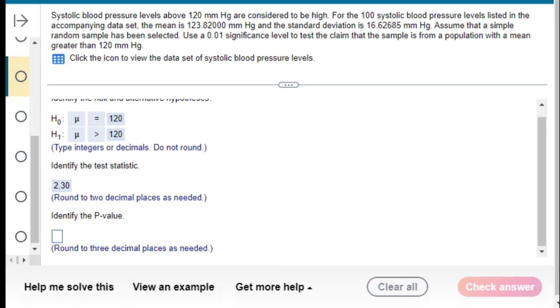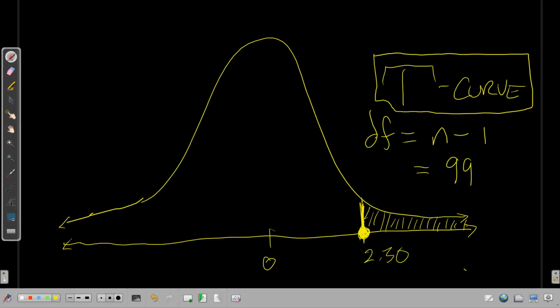Also, since this is a one-tailed test, specifically because of this greater than, it's a right tail, then this area is my p-value. So the area is the p-value.